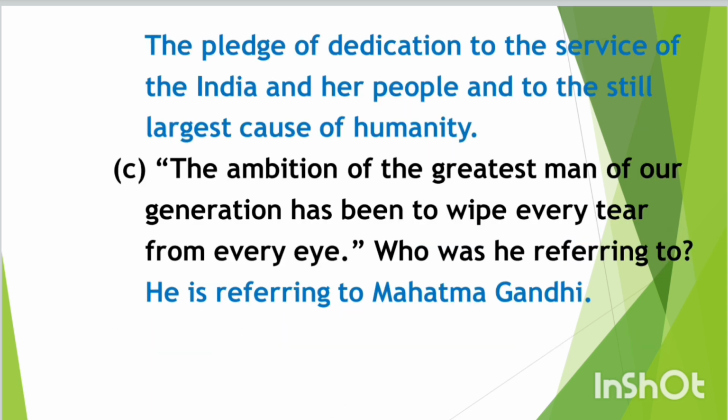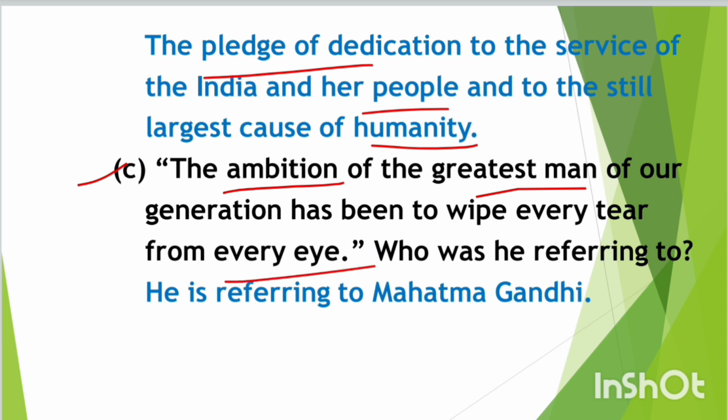Answer: the place of dedication to the service of India and her people and to the still larger cause of humanity. Next, C: the ambition of the greatest man of our generation has been to wipe every tear from every eye. Who was he referring to? Answer: he is referring to Mahatma Gandhi.